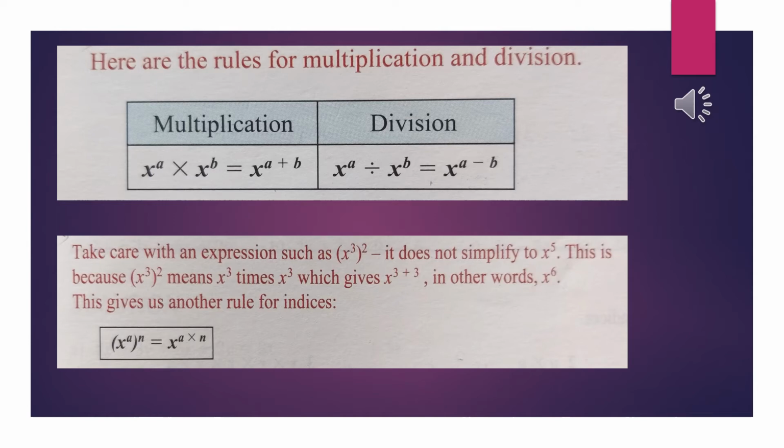The first is called the first law of indices, the second is the second law of indices. Then there is another one: x to the power a, to the power n, equals x to the power a times n.